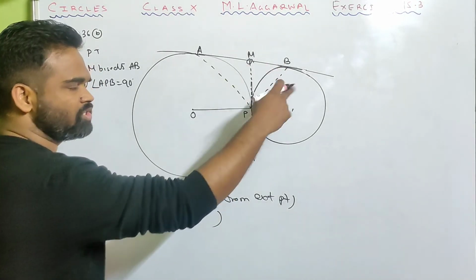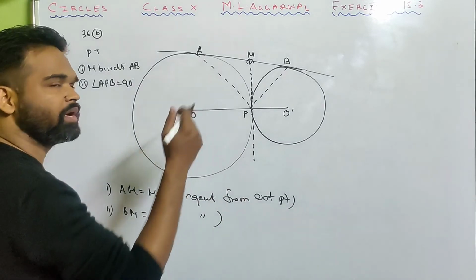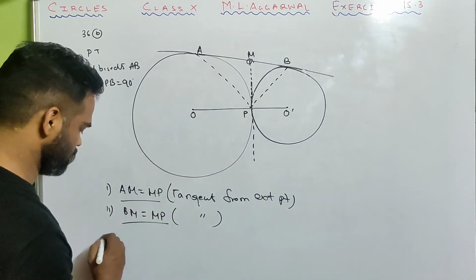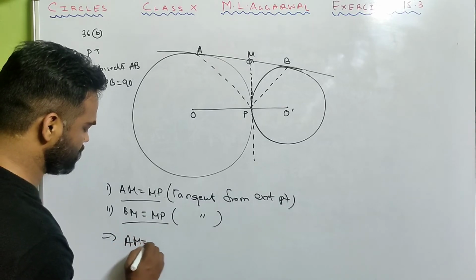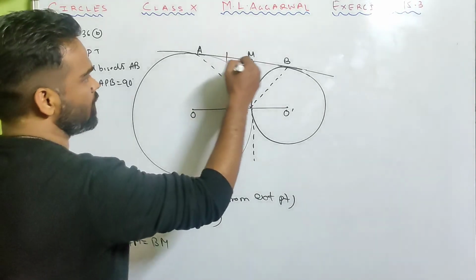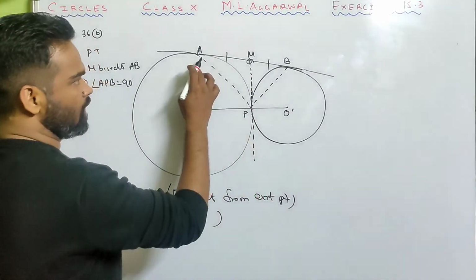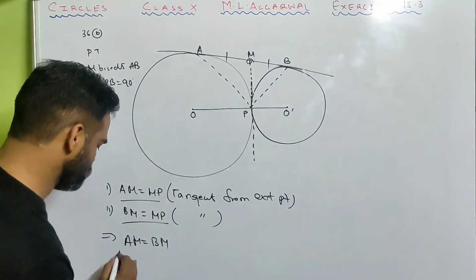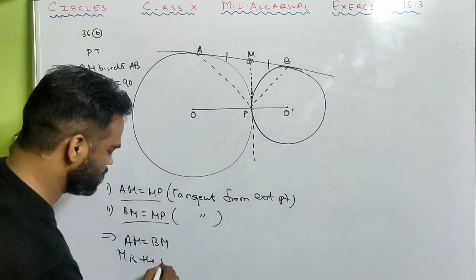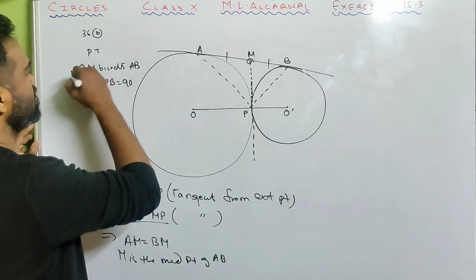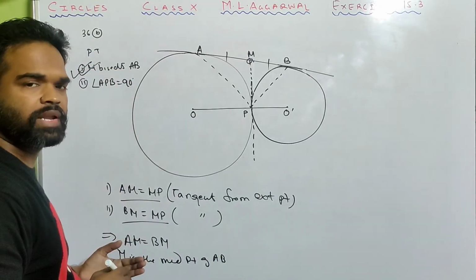BM and MP are tangents to the smaller circle from an external point M, so they will be equal. So from these two, we can definitely say AM equals BM. Now try to understand. AM equals BM, which means M is the midpoint of AB, which means M bisects AB. Done the first part.